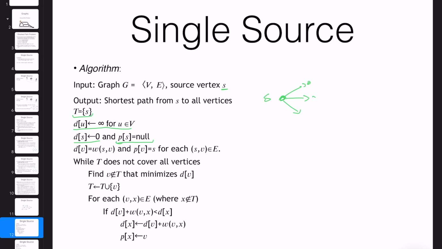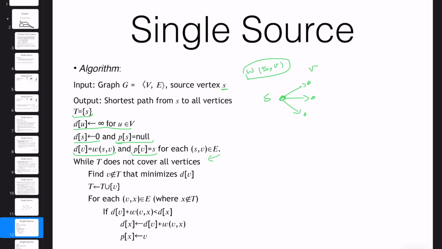For all of these nodes, let's just call them V, you update the distance based on the weight of the edge S and V. We call it W. This is a function that tells me the cost of this edge from S to V, and the parent of all those nodes will be initialized as S. Basically it's telling me that you are visiting V through S. And we are going to just continue.